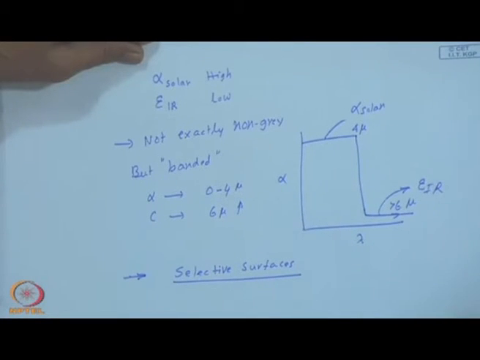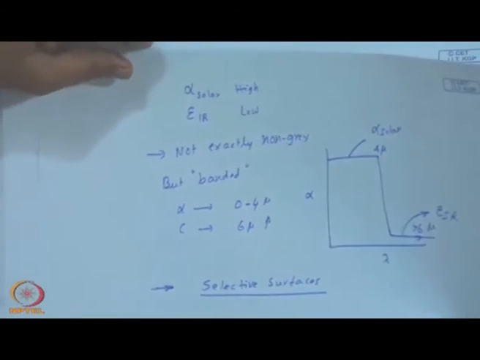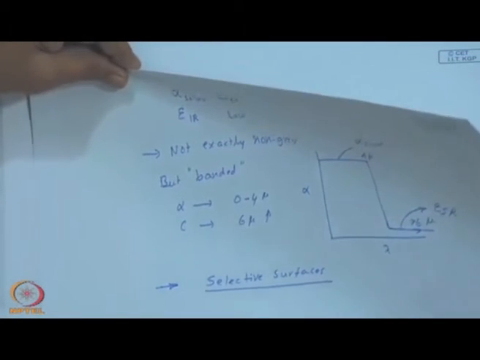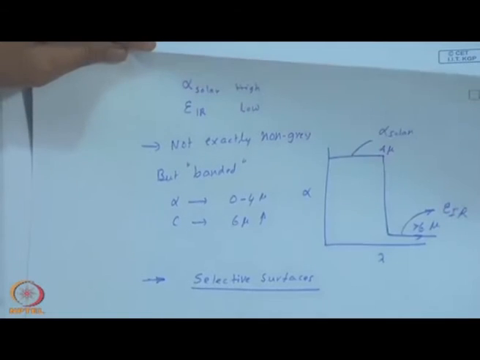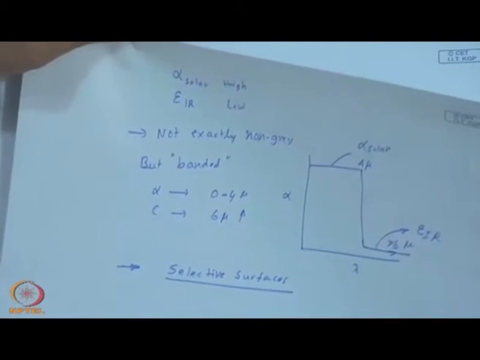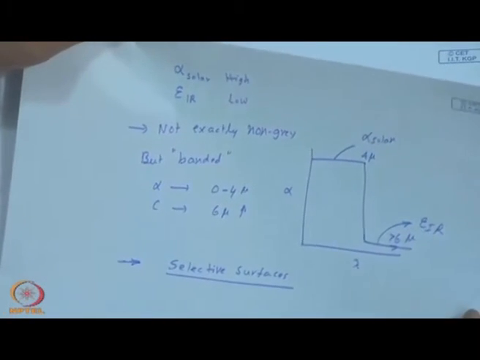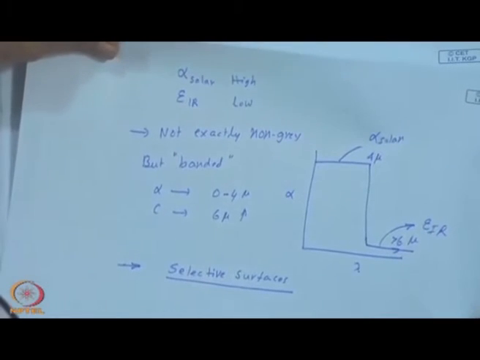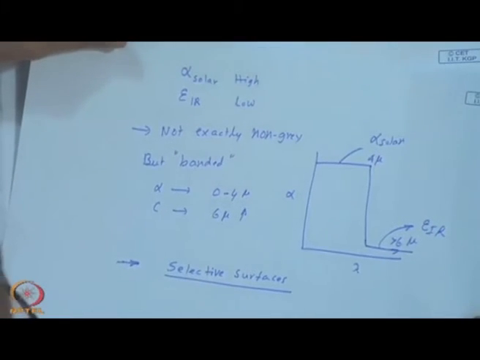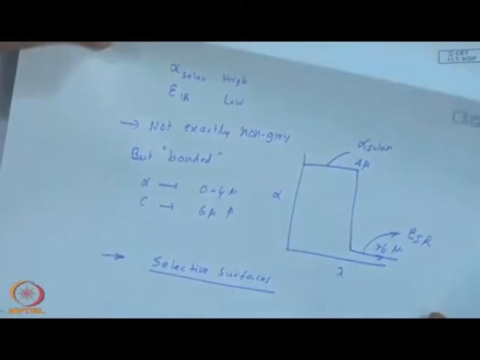So, a selective surface in general is a non-gray surface, but with a special feature that the properties are in two bands of the wavelength. In the solar range a high absorptivity and in the near IR or far IR a low epsilon.